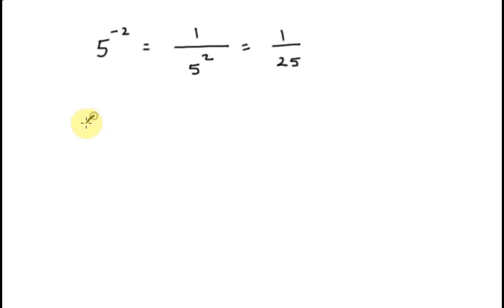So now we're going to take one that's a little more complicated: 2/5 to the negative 2. Now there's a couple of different approaches on this, but I have found the easiest is to do the following. The top of my fraction is raised to the negative 2, so it's 2 to the negative 2 that's on the top, and on the bottom I have 5 also raised to the negative 2.